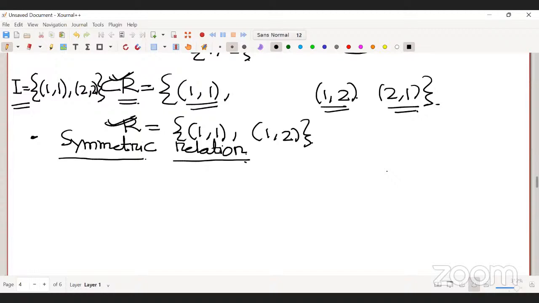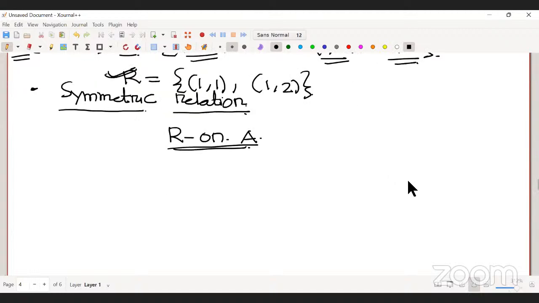Suppose you have a relation R on some set A. You want to know whether that relation is symmetric or not.